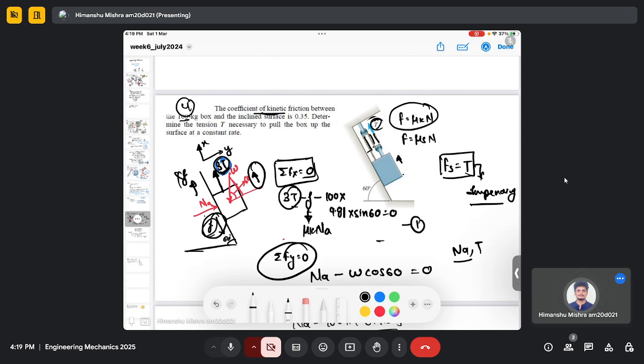So there will be a friction force in the downward direction. Got it. So if it was a static friction case, it would be the same concept as before. Yes, if it were a static coefficient of friction, then this has a tendency to go down, so we could have considered friction in the upward direction. Okay. Thank you very much.